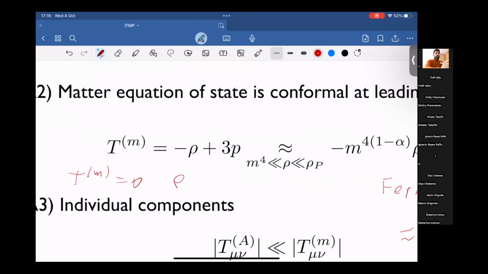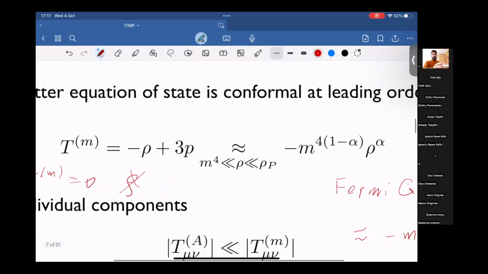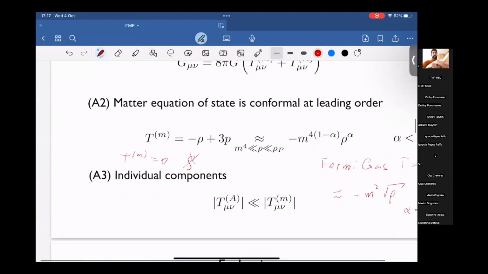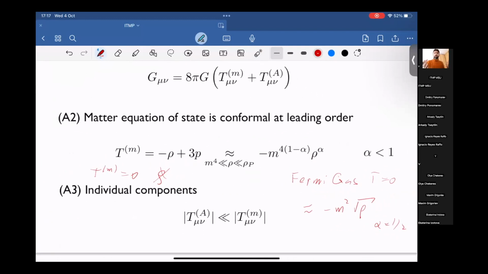That means there's going to be no linear dependence on rho. That cannot appear there. But subleading corrections can appear, and that means the power of this exponent has to be strictly less than 1. Okay, thanks. And a very simple example to see this in action, which you can do yourself, is just take the Fermi gas, do this computation, and this is what you get.